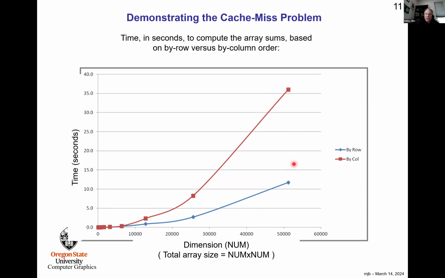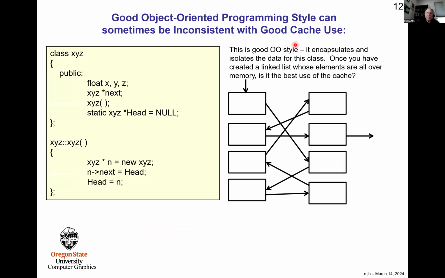This is a huge difference. It's more than double. So if you accidentally access the wrong direction, your code is going to run twice as slowly as if you did the correct direction. This is how bad the potential cache problems are, and this is why every programmer needs to know something about cache, regardless of parallelism.